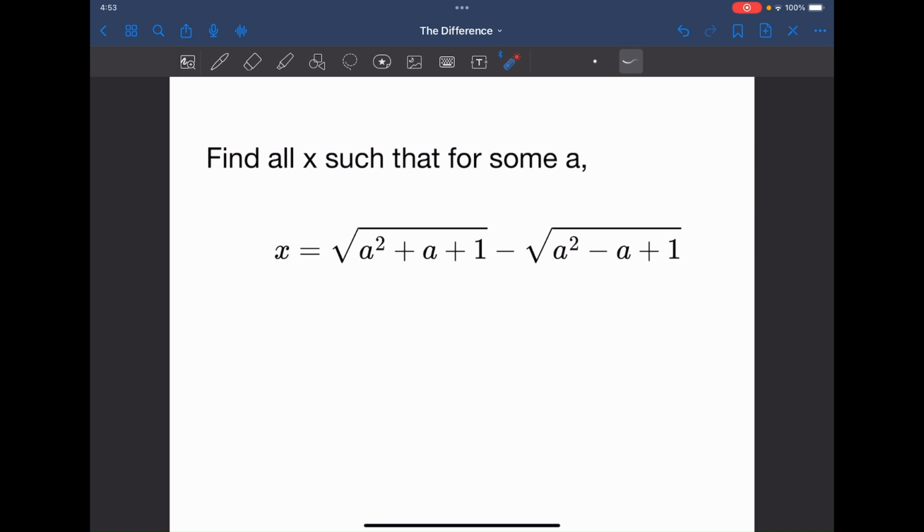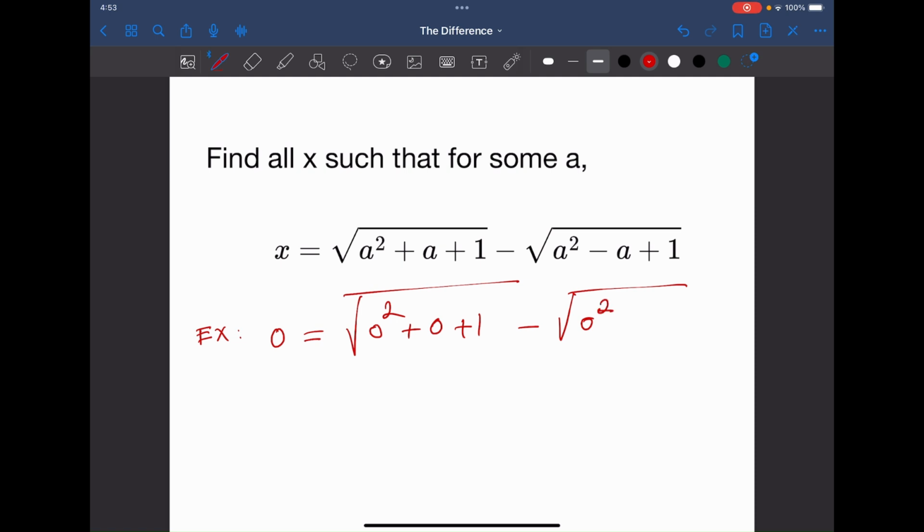So just an example here, x equal to 0. Let me just write it as 0 is equal to root of 0 to the power 2 plus 0 plus 1 minus root of 0 to the power 2 minus 0 plus 1.